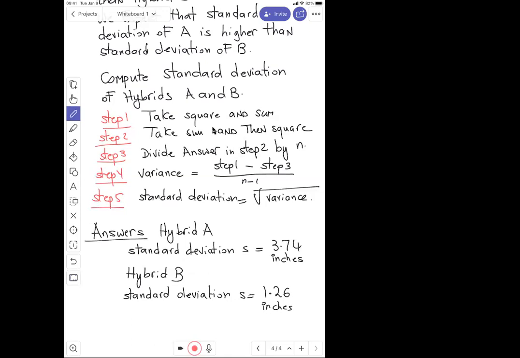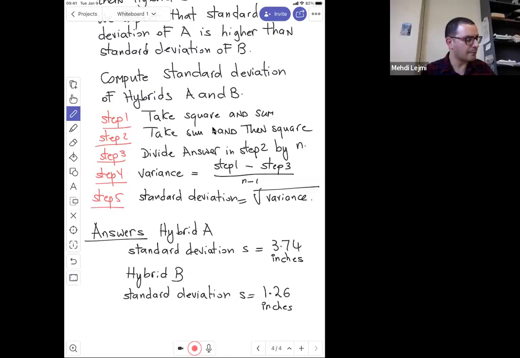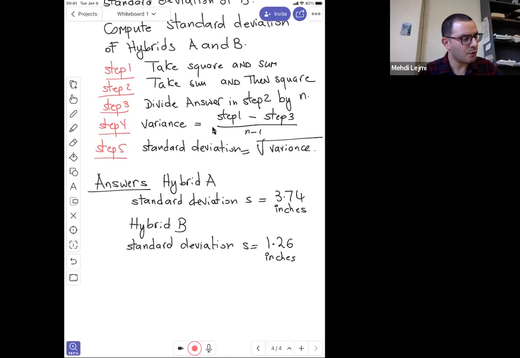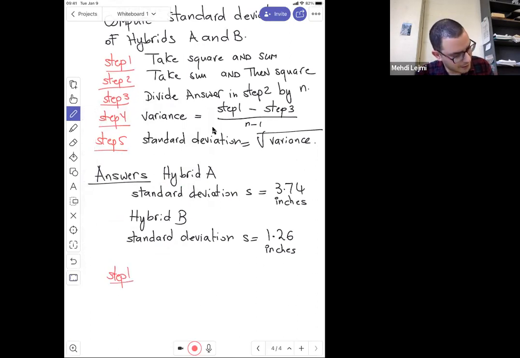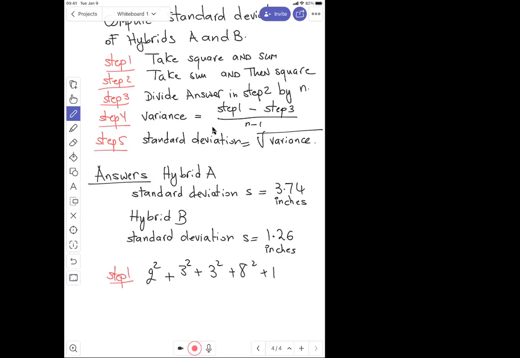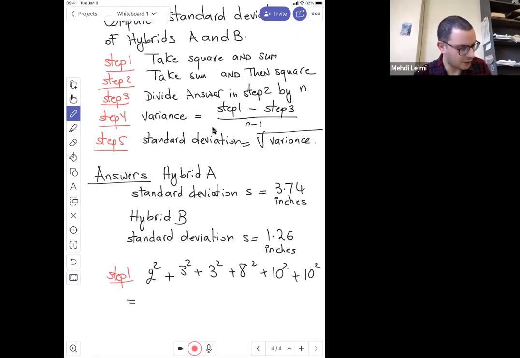I'll just write it down here. In step one, you take the square of the first number, like 2 squared, right? Plus 3 squared, plus 3 squared, plus 8 squared, plus 10 squared, plus 10 squared.